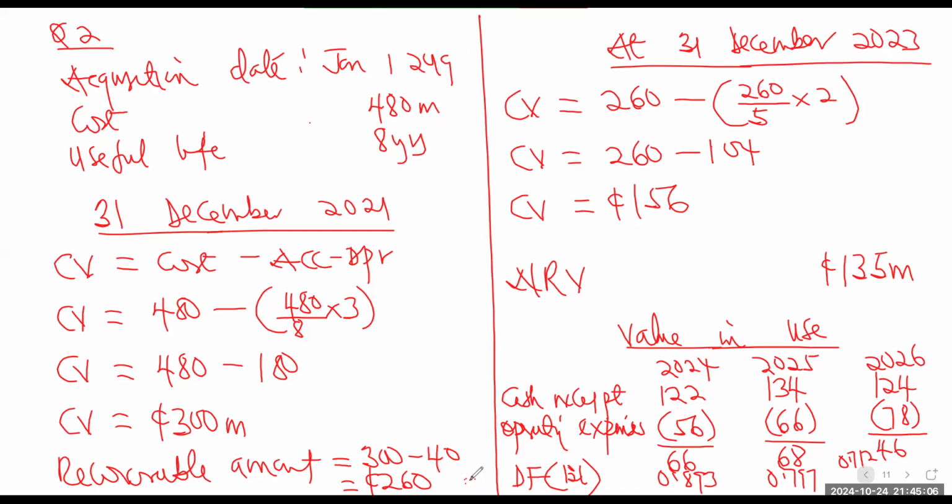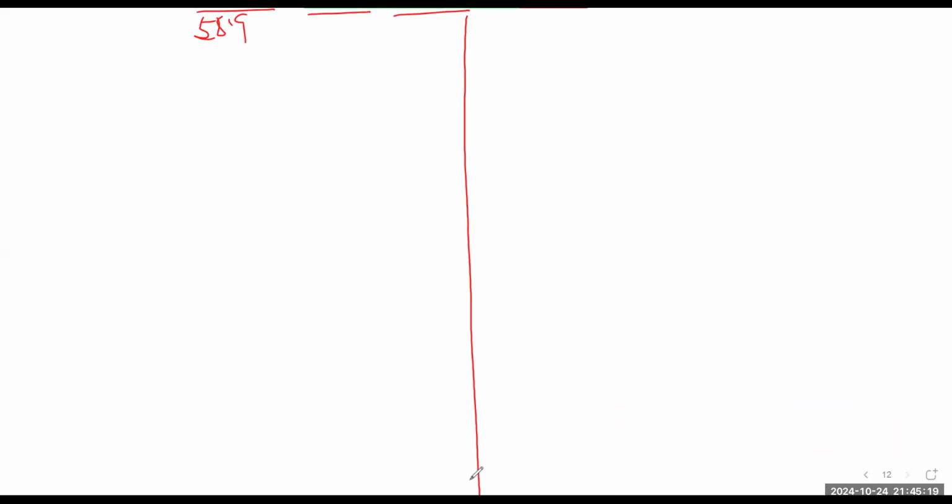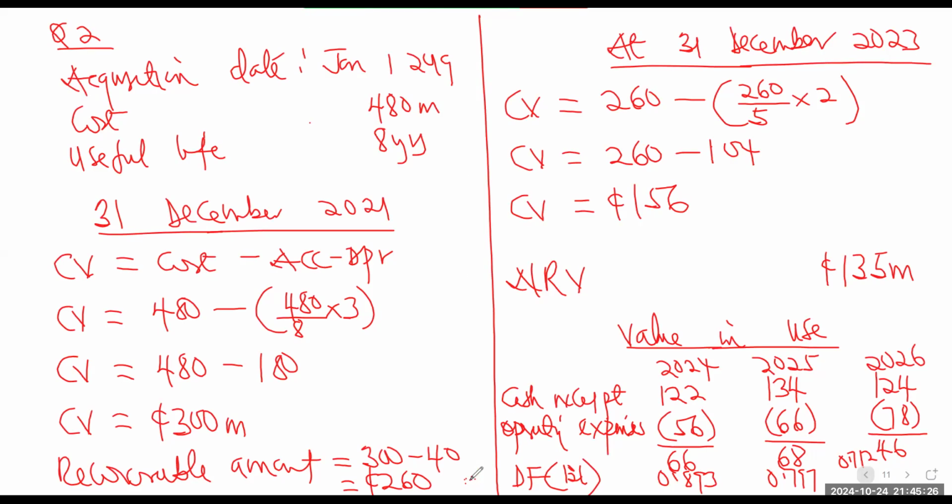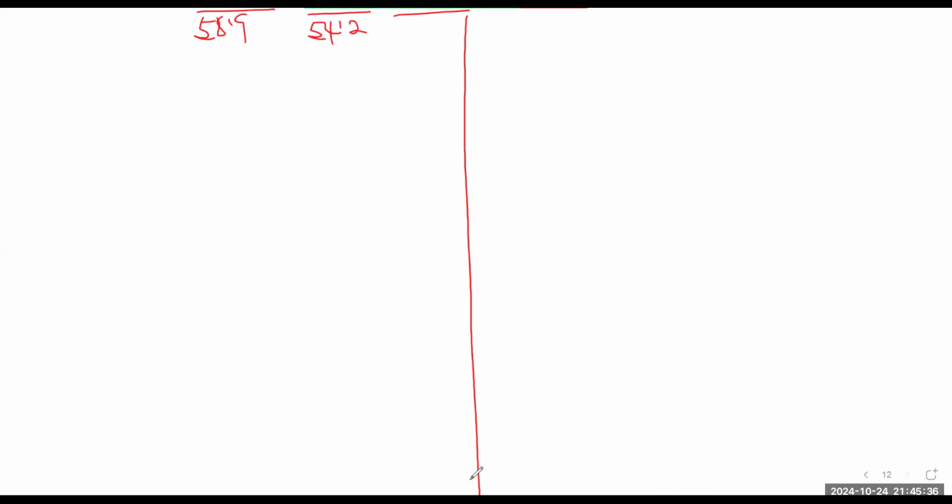Then the second one is 68 multiplied by 0.797. That is 54.2. Can we say 54.2? Yes, sir. Okay, and the last one, 46 multiplied by 0.712, will give us what? 32.75, or 32.8.